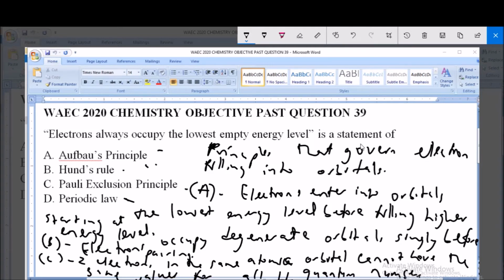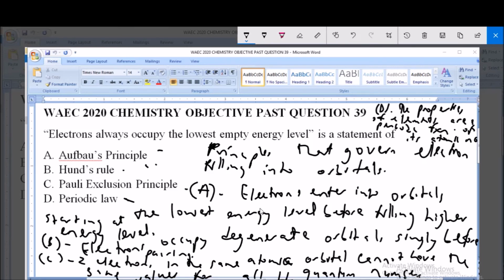And option D, which is the periodic law, states that the properties of elements are a periodic function of their atomic number.